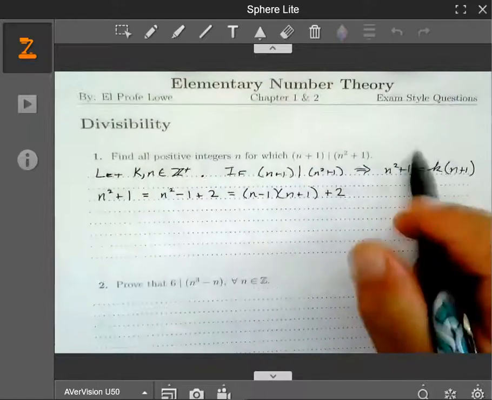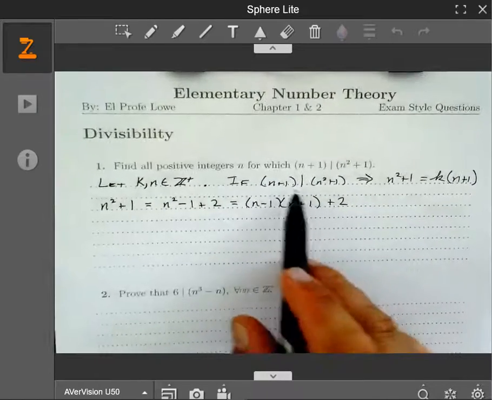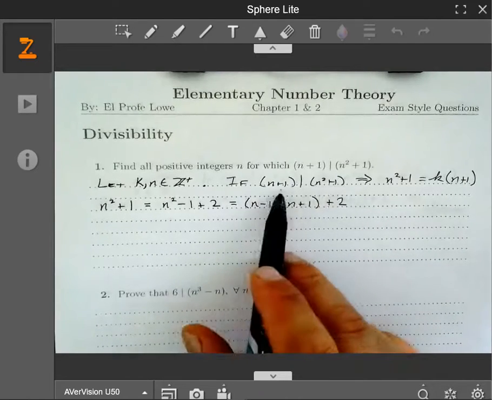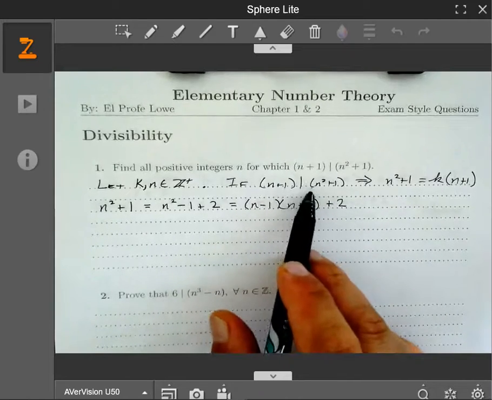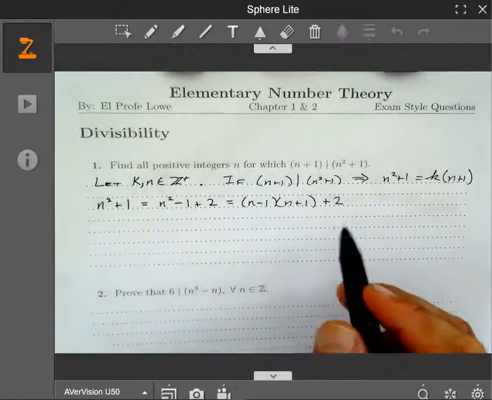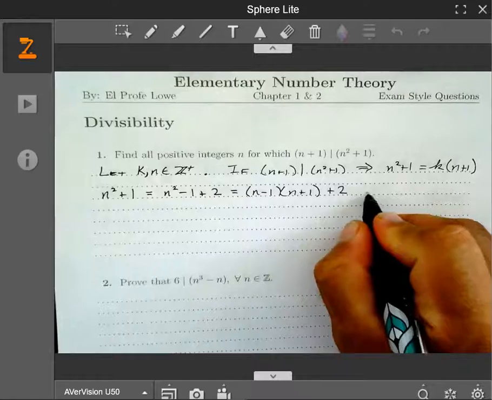Now, if n plus 1 is going to be a factor of n squared plus 1, that is, if n plus 1 is going to divide n squared plus 1, then here's what we must understand.